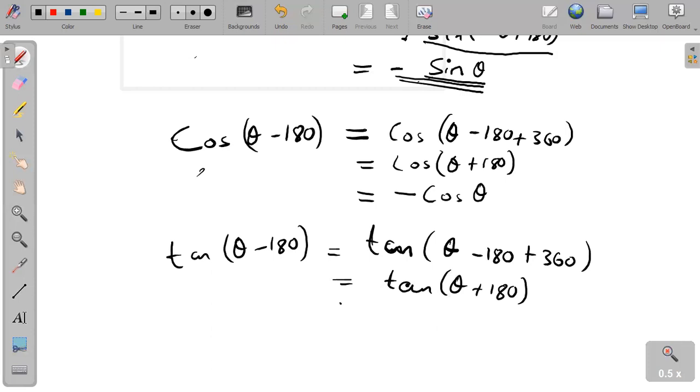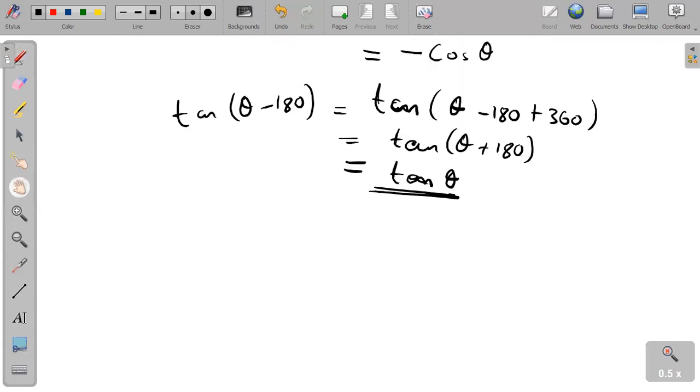But tan theta plus 180, what do we know? It is in the third quadrant, and tan in the third quadrant is actually positive. So it will remain as tan theta. That's what we are going to get. So this is how we deal with negative angles, which means the rest we can also find.